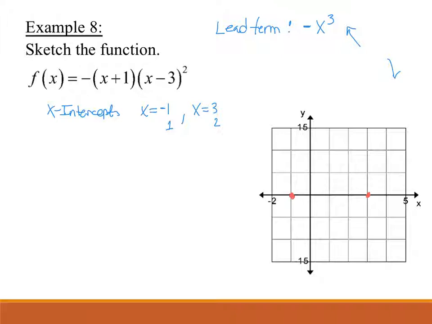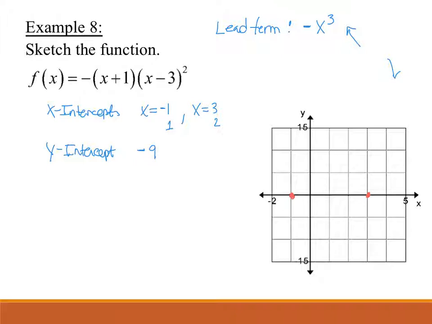And then we need the y-intercept, right? So the y-intercept, well, when I have 0 and 0, I have 9 times 1 is 9, but it's a negative, so it's a negative 9.